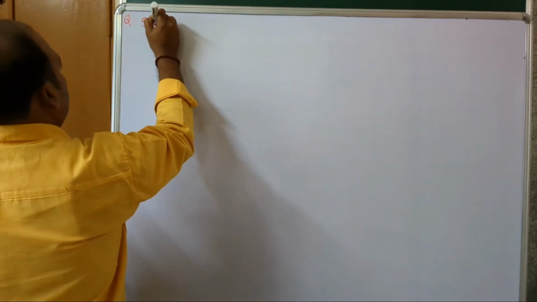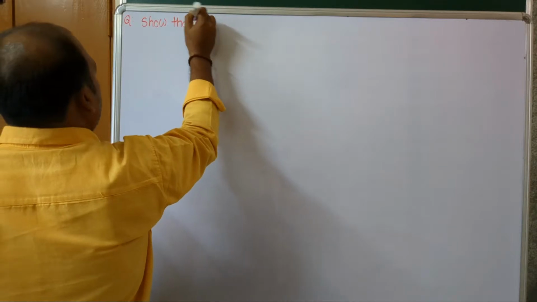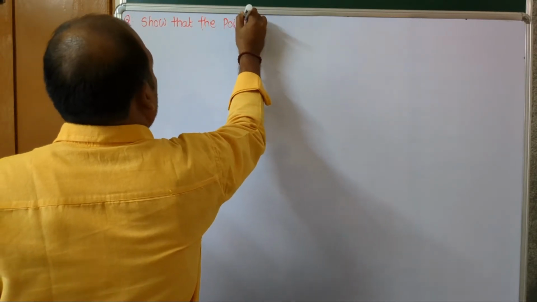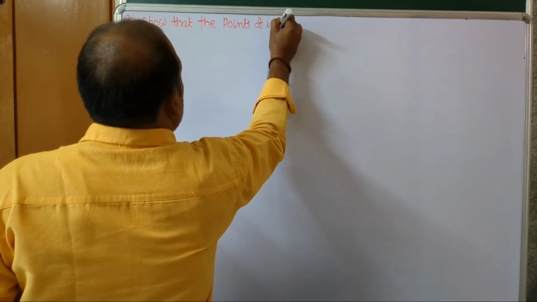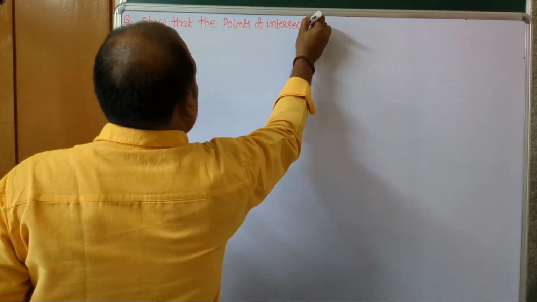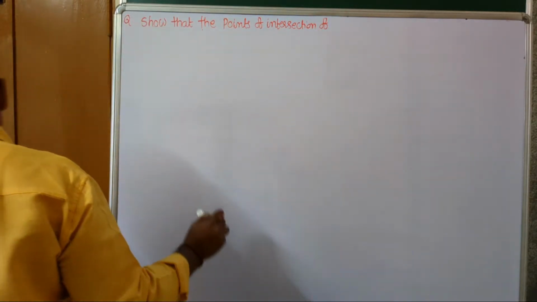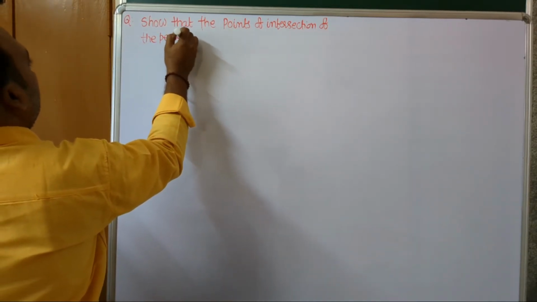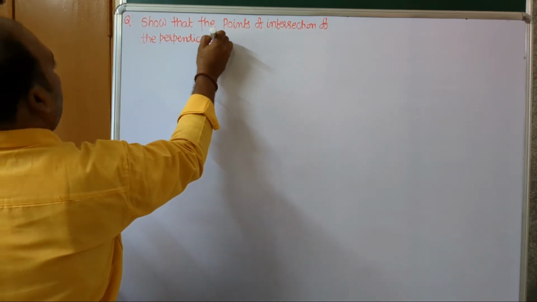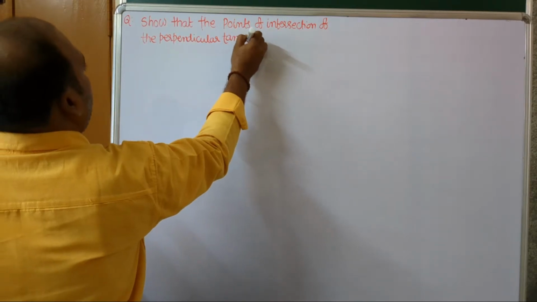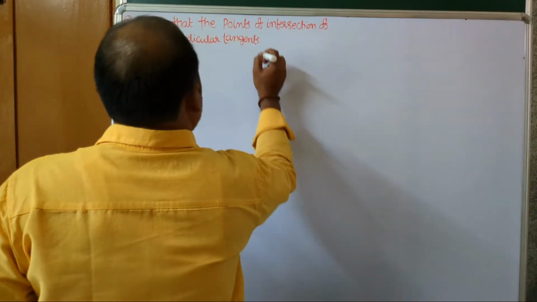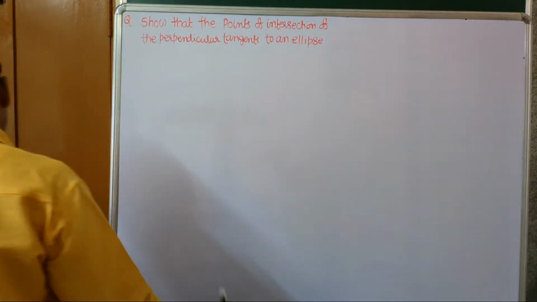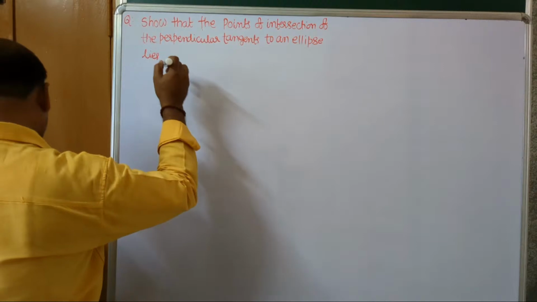Show that the point of intersection of the perpendicular tangents to an ellipse lies on a circle.